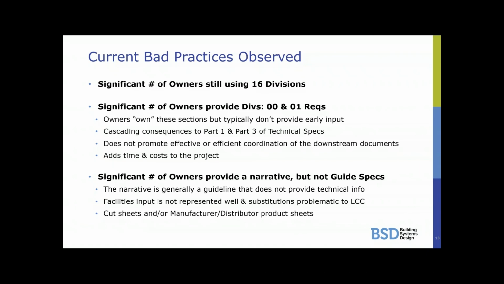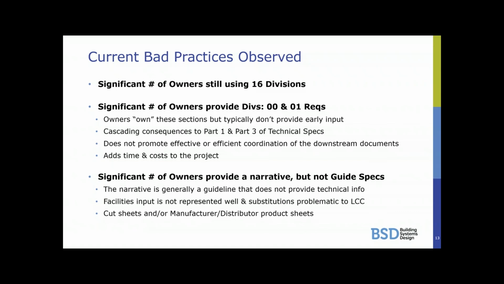Division 1 then takes the references from that and expands upon it for this particular project, such as submittal requirements, requests for substitution, administration of the contract, and closeout requirements for the entire project.